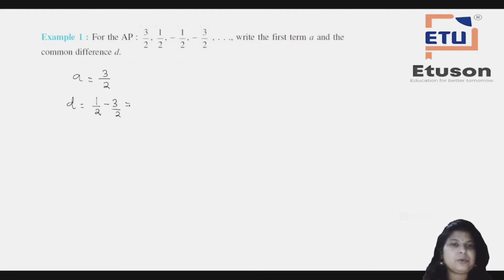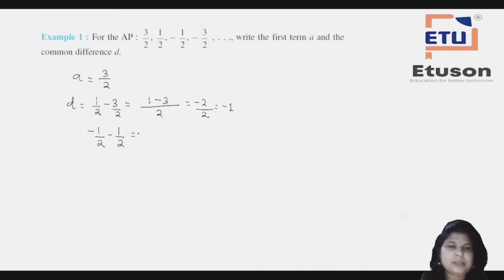Right? So your denominator will be 2. So you have 1 minus 3, that is equal to how much? That is minus 2 divided by 2, that is minus 1. Similarly, let us check with the next subsequent number, that is minus 1 by 2 minus 1 by 2.